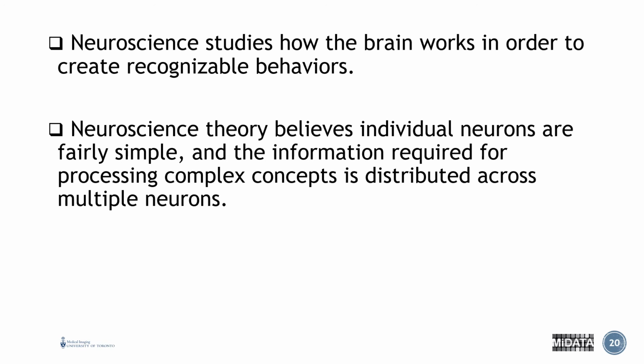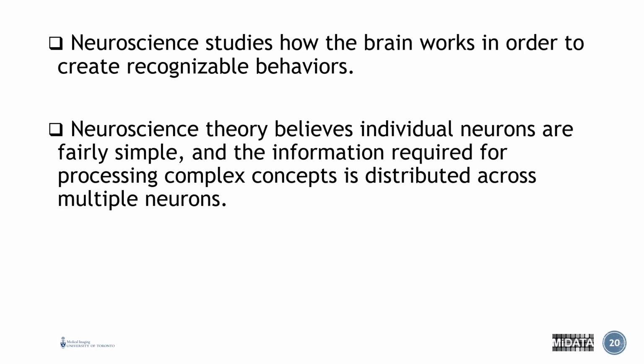Neuroscience studies how the brain works in order to create recognizable behaviors, and neuroscience theory believes individual neurons are fairly simple, and the information required for processing complex concepts is distributed across multiple neurons.